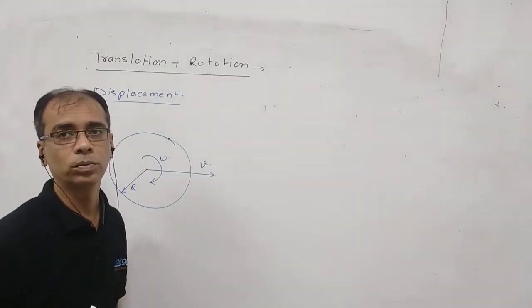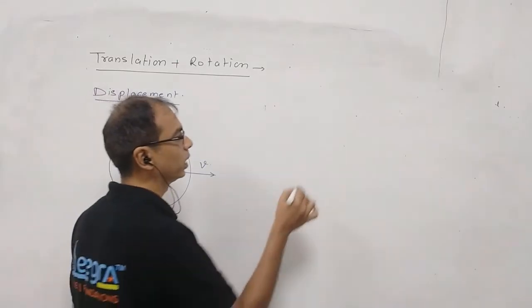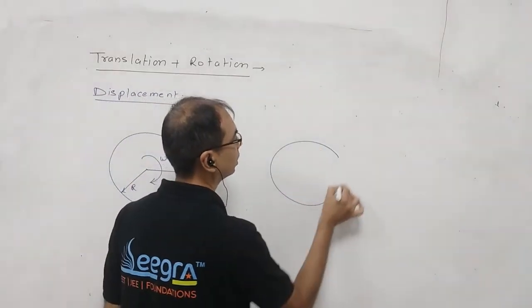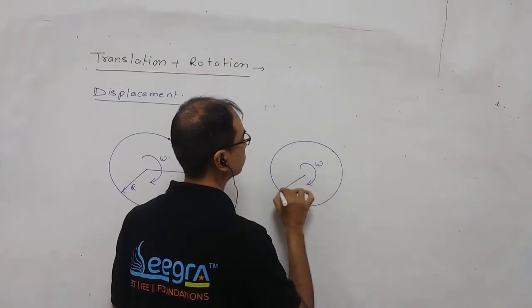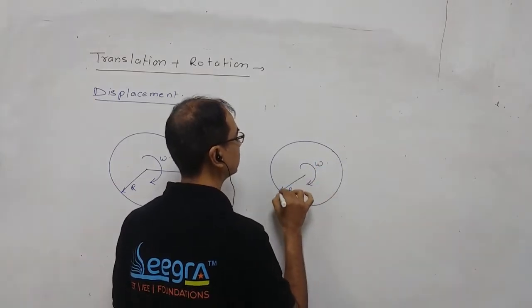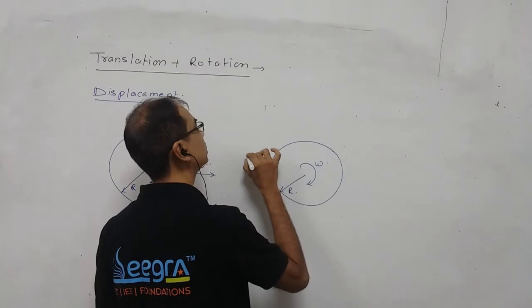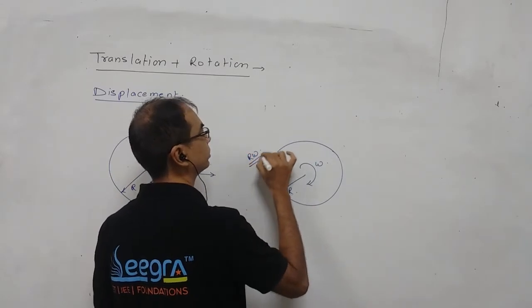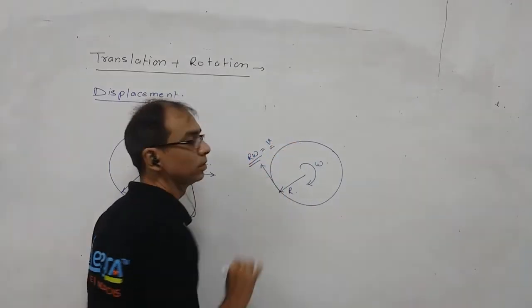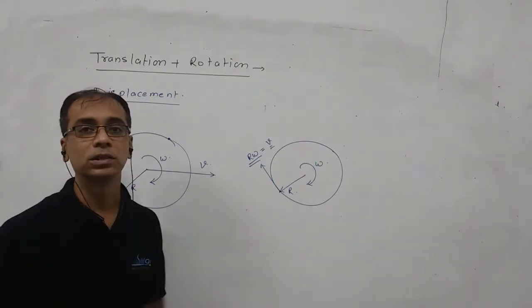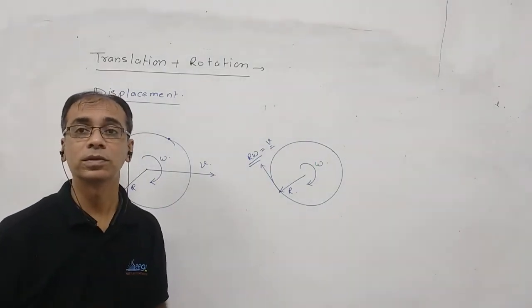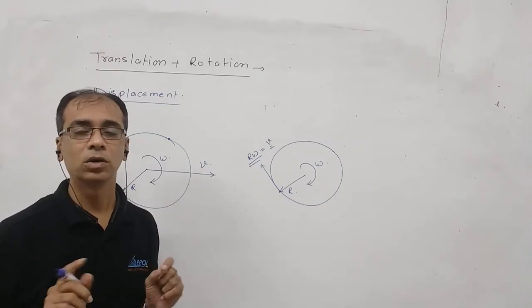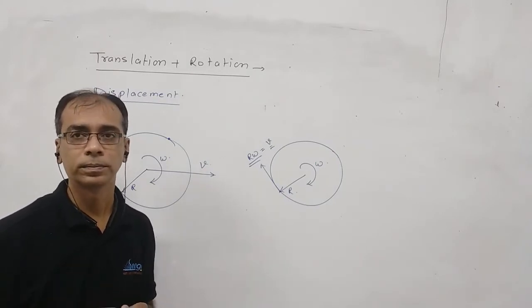The answer is no. That was the case when the wheel was doing pure rotatory motion with omega and radius r, where the tangential velocity is r omega. This v is not tangential. This is the translation velocity of the center of mass. So here omega is not v by r.